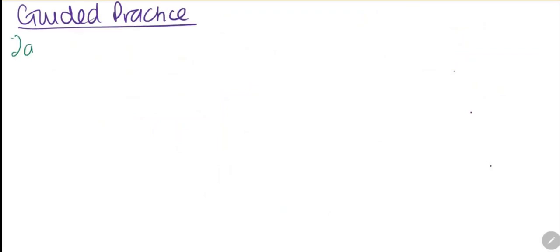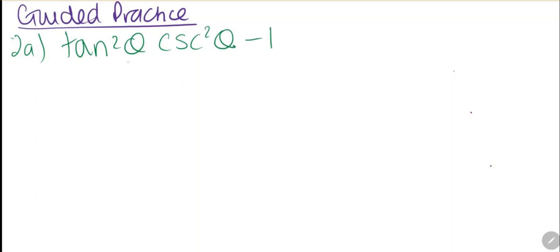So guided practice. So we have 2a, simplify tan squared theta times cosecant squared minus 1 divided by secant squared theta. So we're looking at what we can replace.